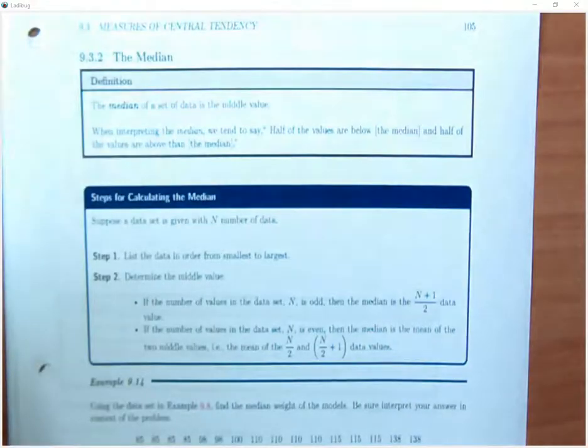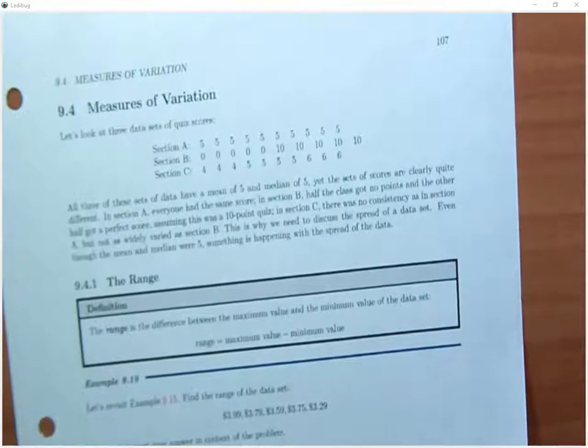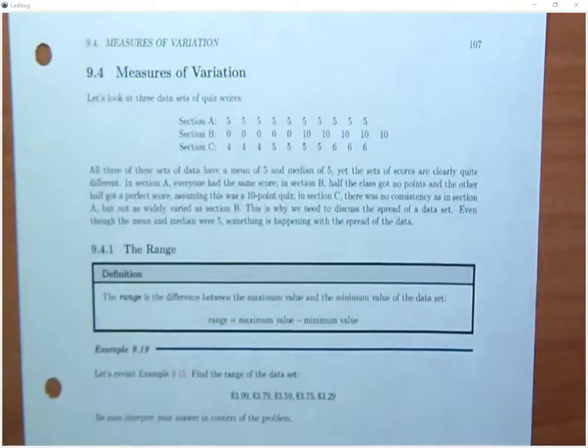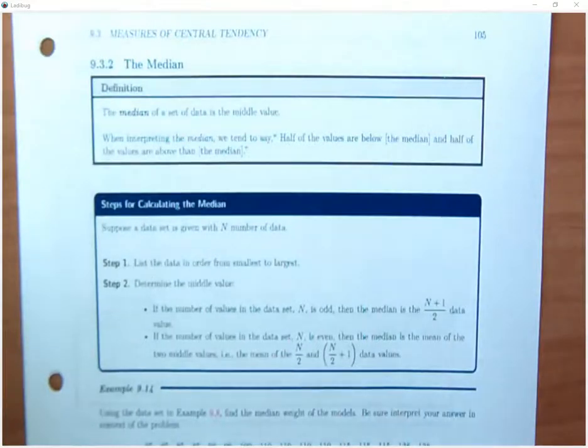So the rest of this from page 105 up through page 107, we're just going to do range on this one and talk about that. But do that as classwork because we already did the process. So you can just go through, make sure you have it down.